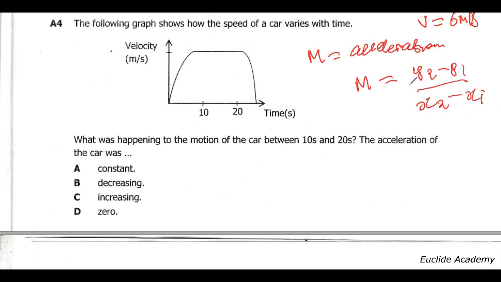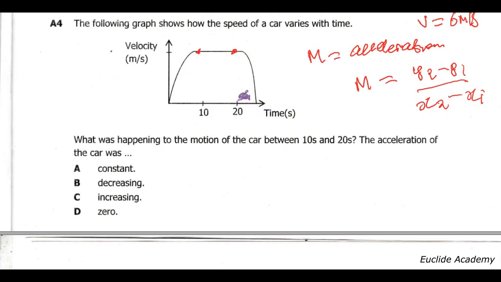So on this graph, you can use this formula to give you the gradient, and that gradient that you find is actually the acceleration. So they are asking what was happening to the motion of the car between 10 seconds and 20 seconds in terms of the acceleration. So you've got 10 at this point, 20 at this point. So what is the gradient here? If you were to find the gradient here, it's actually 0.